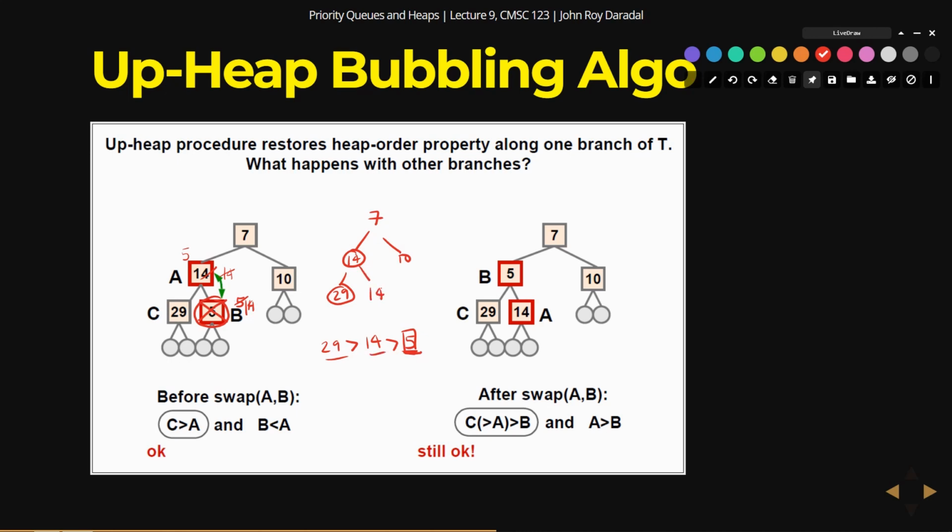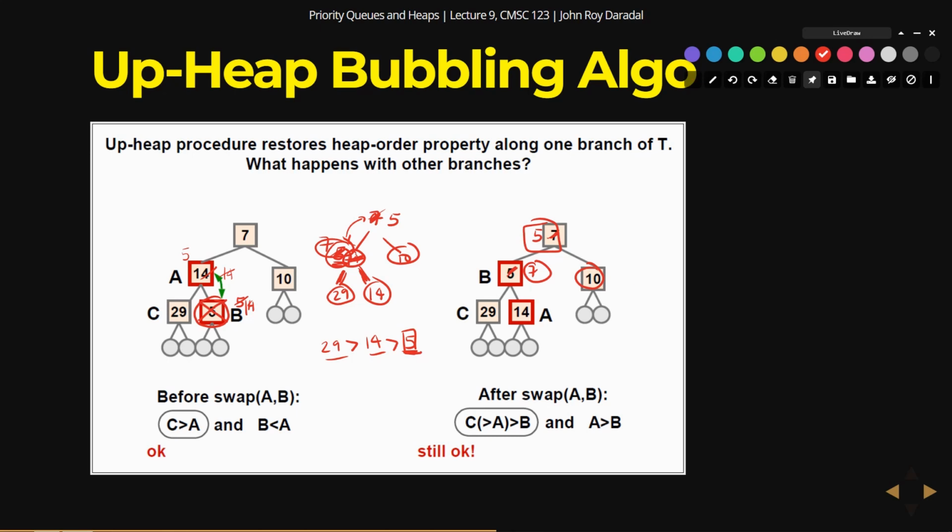So if you have 14 here and then 5 here, 5 is still safe because 29 will still be greater than the parent, which is 5. And once we swap this 2 here as well, when we have 7 here and then 5 here, 7 and 10 are both greater than 5 still.